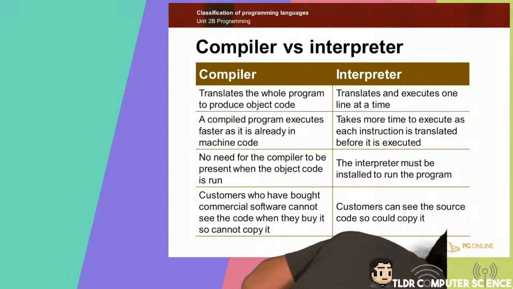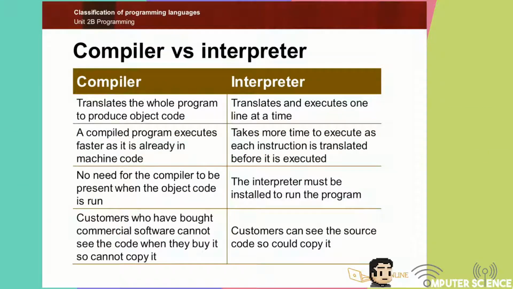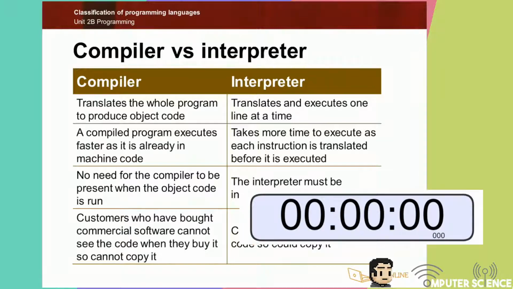So I'm going to give you... It's going to take you a little while, isn't it? Because there's quite a bit there. I'll give you 5 minutes to get that done.